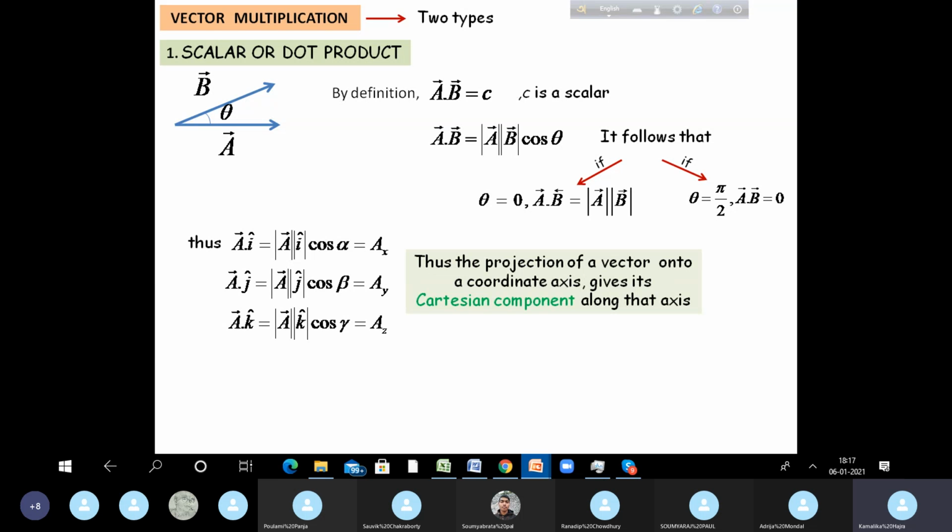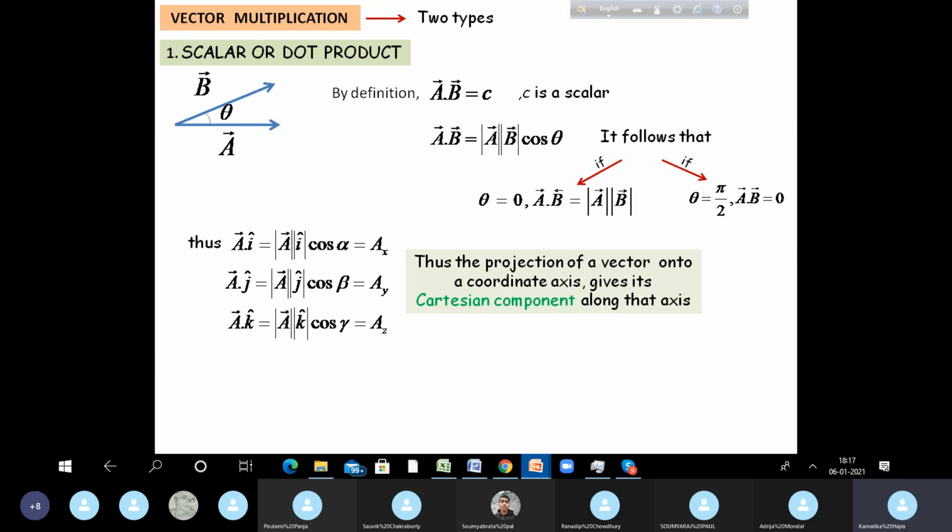Okay, so when you take the projection of one vector on another, there is no question of a direction, and that is why we get the result as a scalar. And from this short calculation, you can see that the projection of a vector onto a coordinate axis gives the Cartesian component along that particular axis.